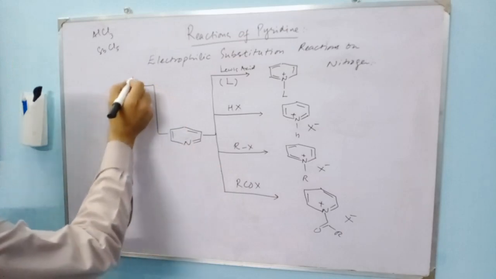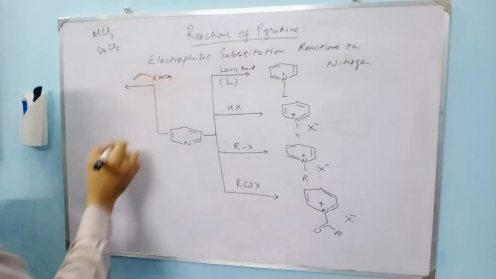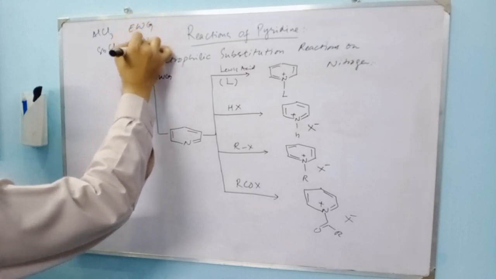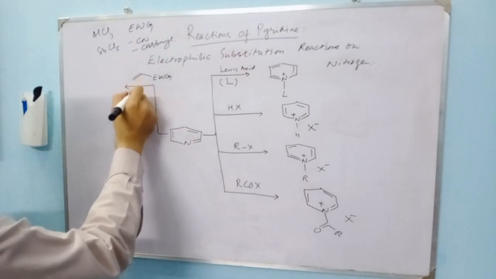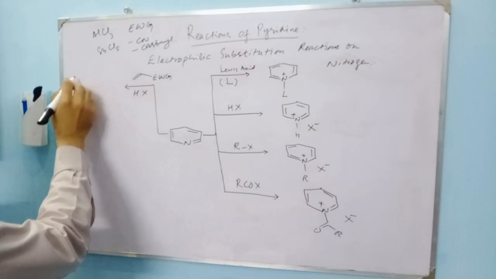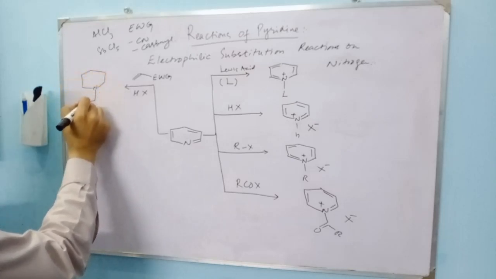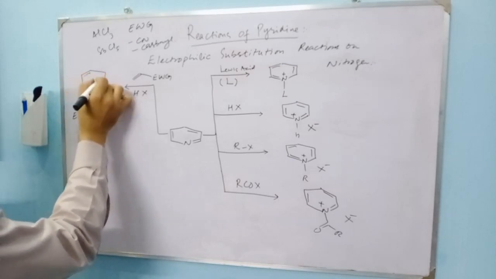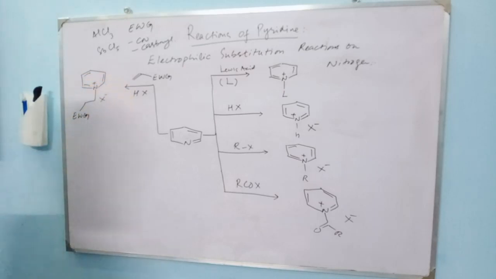If we have an alpha beta unsaturated compound attached to electron withdrawing group, the electron withdrawing group can be cyano group, any carbonyl for example. In the presence of halo acid, Michael addition can take place. And we get this product.